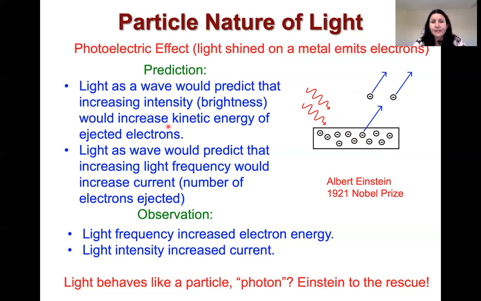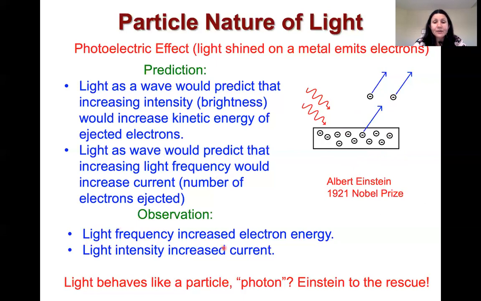They should have higher kinetic energy as you increase intensity. Also, if light is a wave, what should frequency do? Well, frequency should increase the number of electrons getting knocked out. The more frequent this wave is, the more electrons get knocked out, so you should measure higher current. But in fact, when this experiment was conducted, the complete opposite was observed.